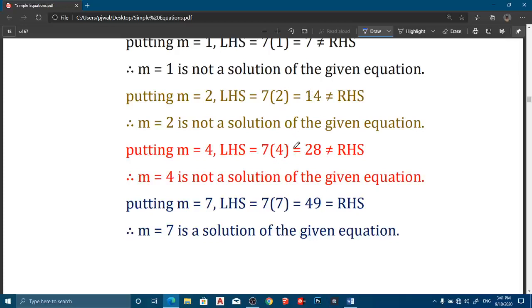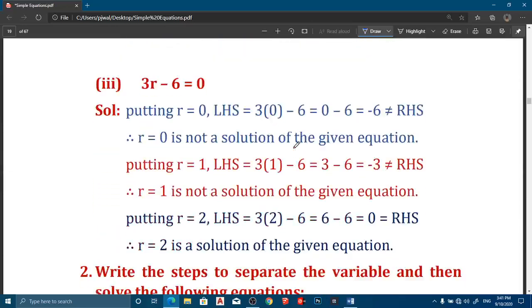Next one, 3r minus 6 is equal to 0. Here you can start from r is equal to 0. Substituting, 0 minus 6 is minus 6, which is not equal to the RHS. Put r is equal to 1. 3 ones are 3, minus 6 gives minus 3.